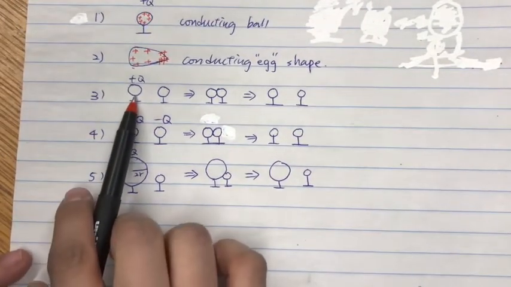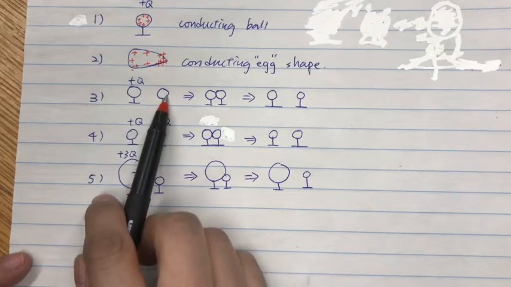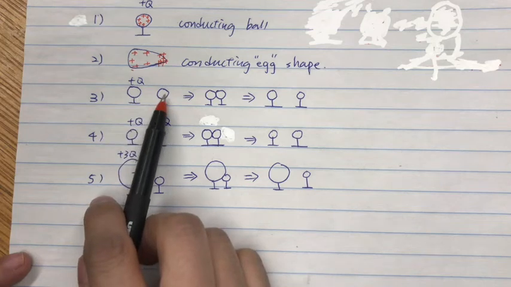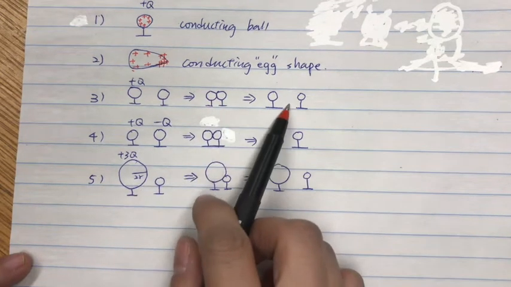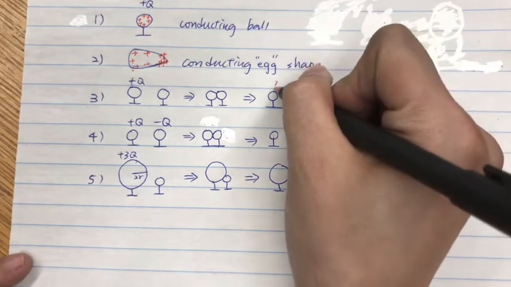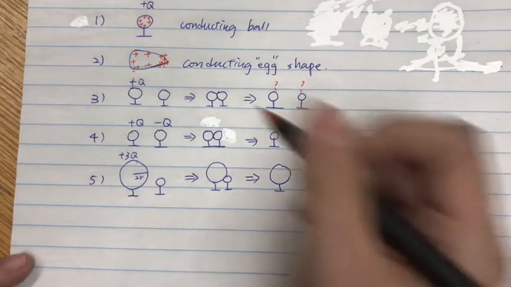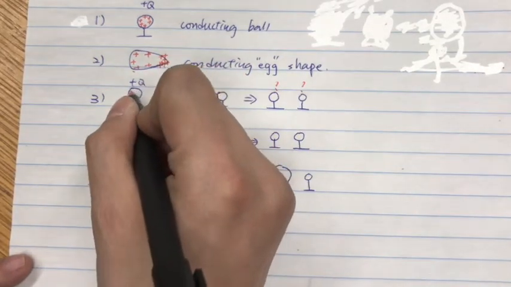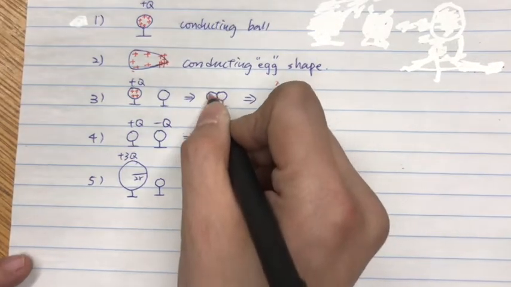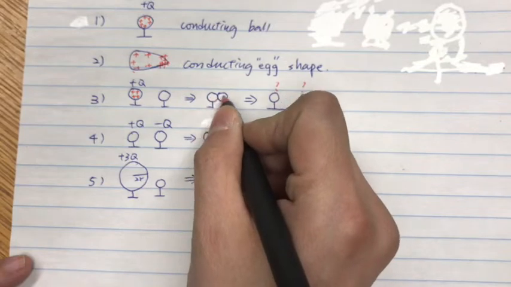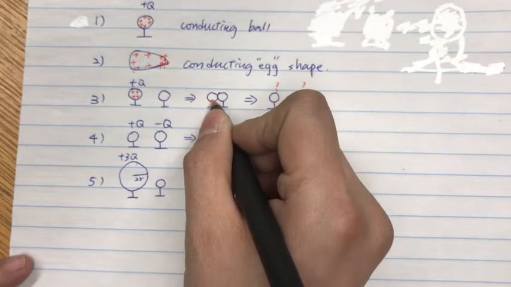So here's another question. If I have 2 identical conducting balls, one charged, one uncharged, and I bring them into contact and then separate them, what's the charge distribution in the end? Say this was charged with Q. When I bring it into contact, this has Q charge, this has no charge.